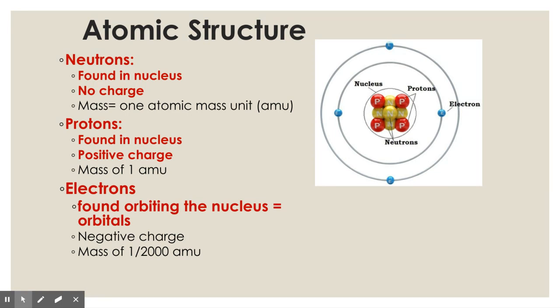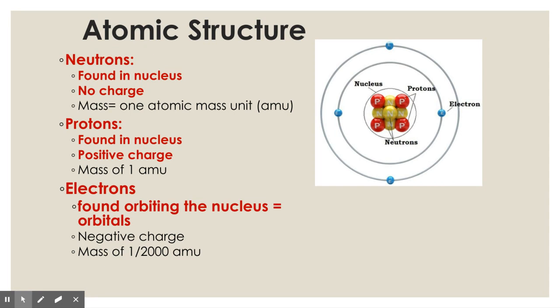But truthfully, scientists don't know exactly what an atom looks like. There's been many, many models of atoms throughout history. You may have heard of the cookie model, where it's like chocolate chips in the cookie batter representing the electrons. There's lots of models, but this is what we have now as our best guess.